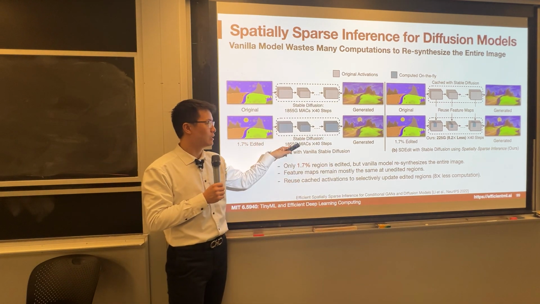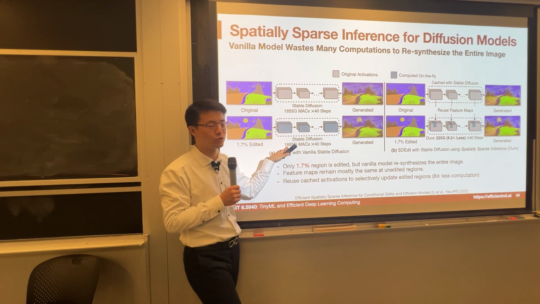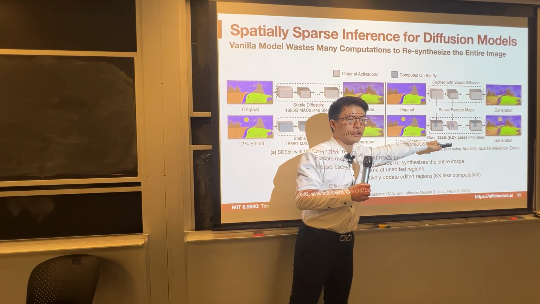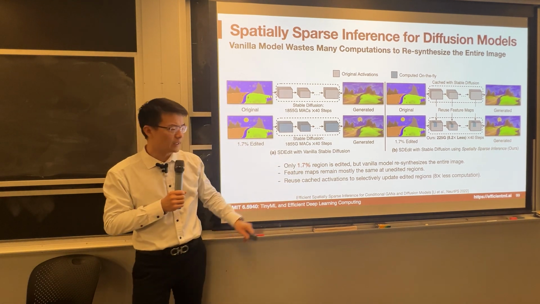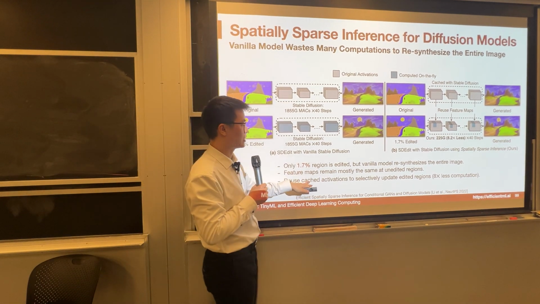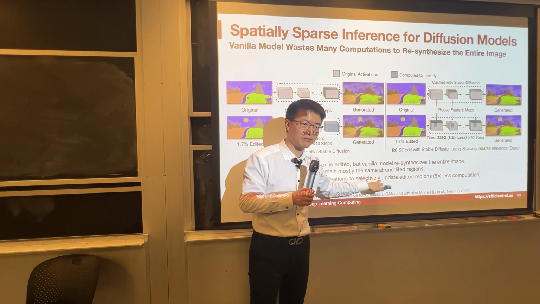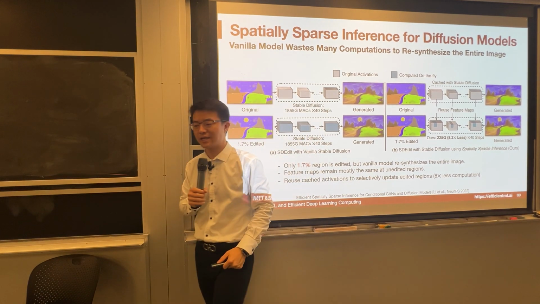So originally it required 1,800 gigaflops. Now it's only 225 gigaflops. Key idea: reduce the cached activation and selectively only update where it gets edited.